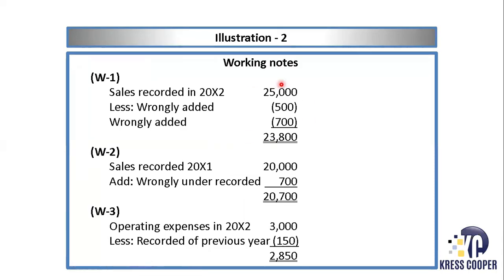These are the workings showing how the sales, which were not recorded in their relevant years and were wrongly recorded in the sales of X2, are handled. So these two sales will be subtracted from X2 and 700 will be added in X1, and in X1 the expense will be subtracted. So altogether, for the changed figures, we have given the references of the working.